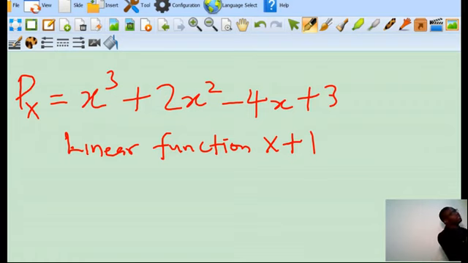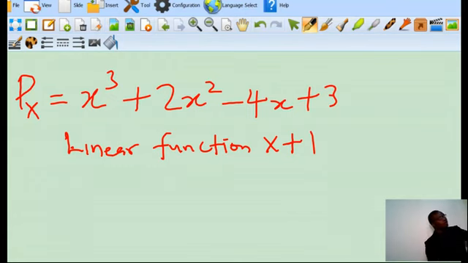Now, just as I've written on the board here, this is the polynomial function x cubed plus 2x squared minus 4x plus 3, and this is a linear function x plus 1, where x is a variable and 1 is a real number.